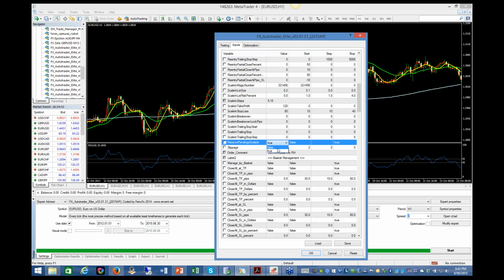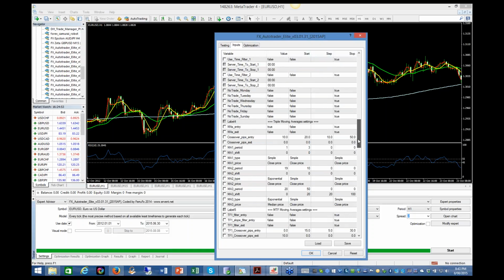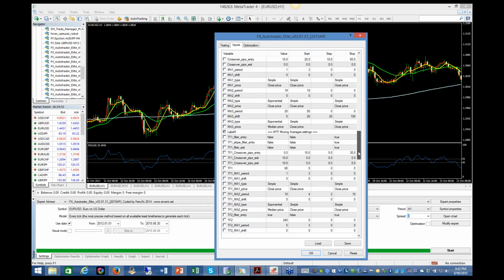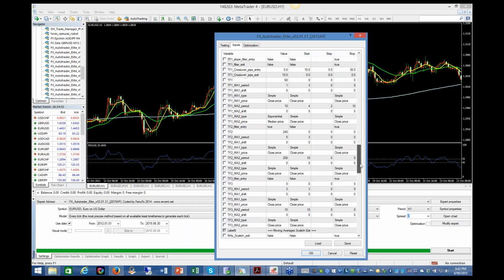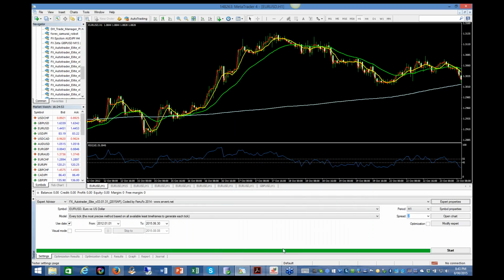And surprisingly, I found that if I leave them sitting there, they seem to get picked up and give us better results. So I'm willing to give that a go. But let's now see how we go on these settings. And I'll click OK, and we'll run it for the full period.